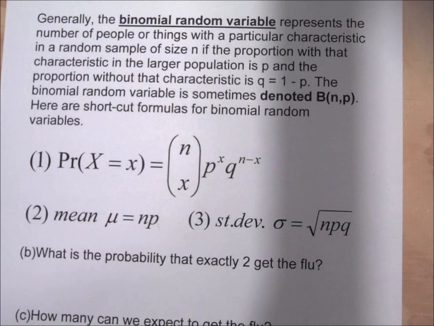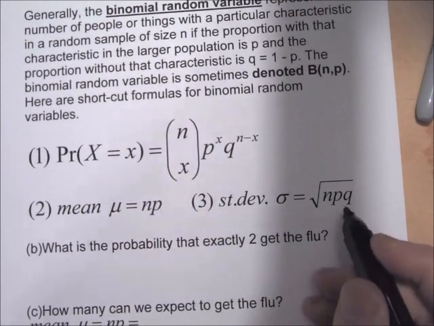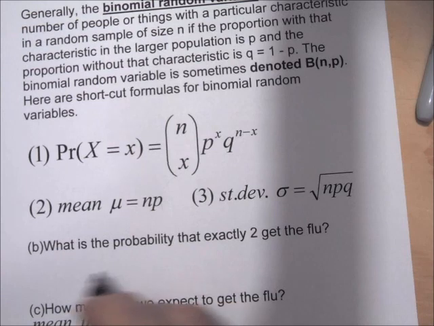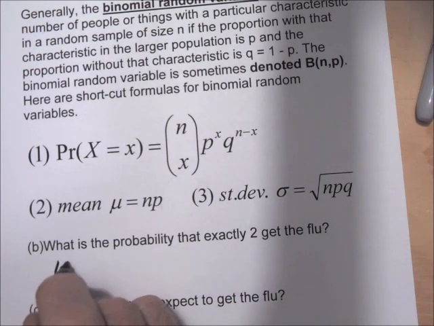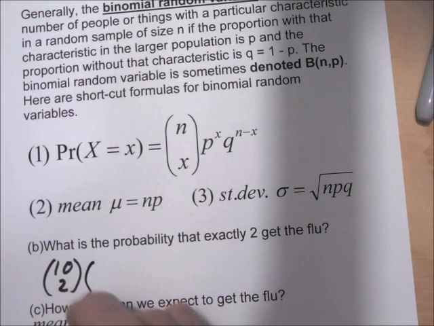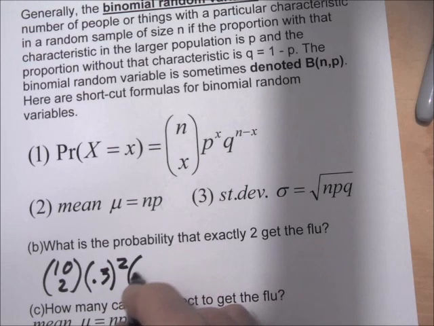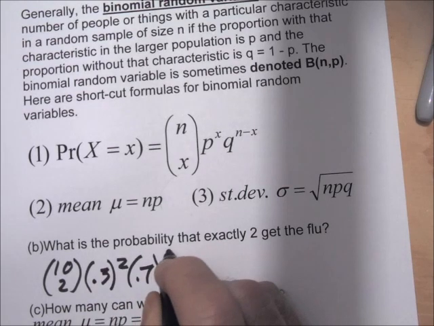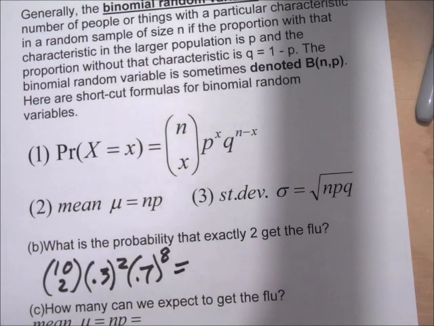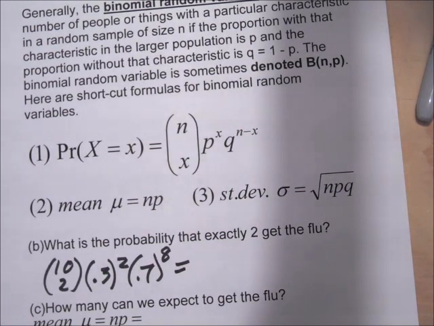So the probability that 2 get the flu is going to be, in this example, n was 10 and p was 0.3. So this is going to be 10 choose 2 times 0.3 to the 2, times 0.7 to the 8, since 10 minus 2 is 8. So we could put that in the calculator.